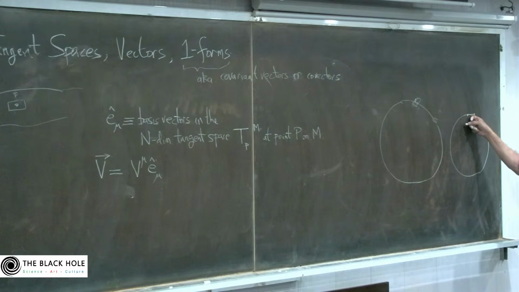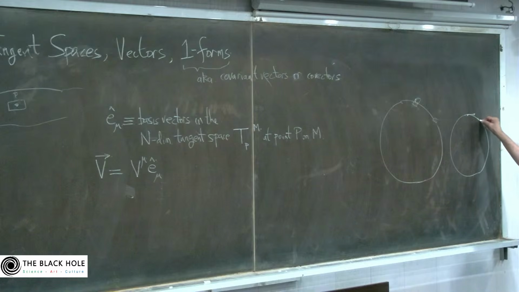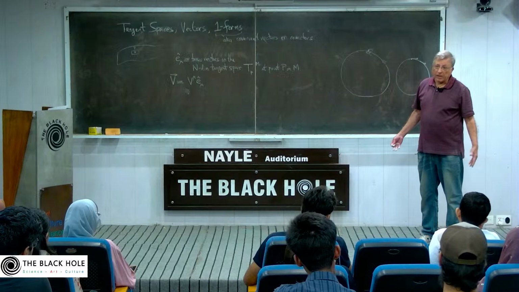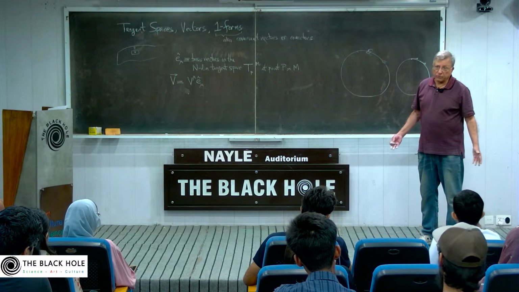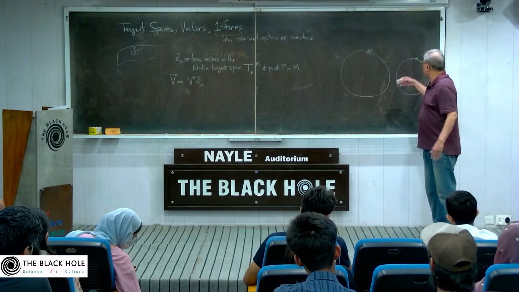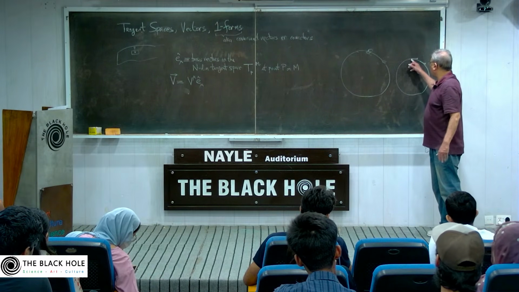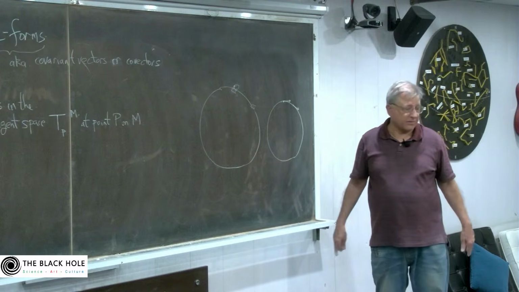This is the basis vector here. This is a different point on the manifold, and the tangent vector is pointing in a different direction. So what does this vector have to do with this vector?